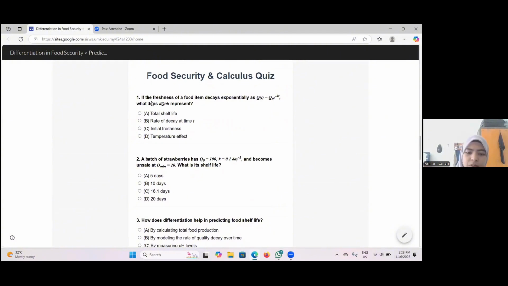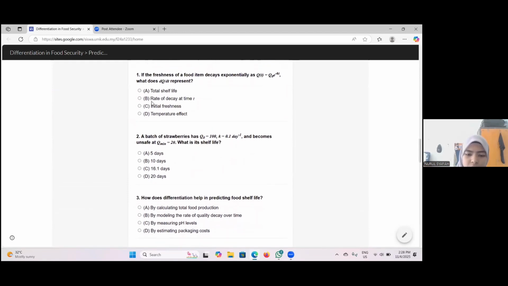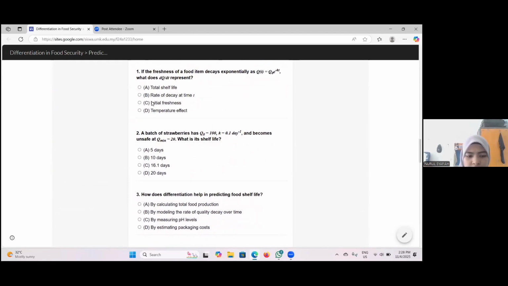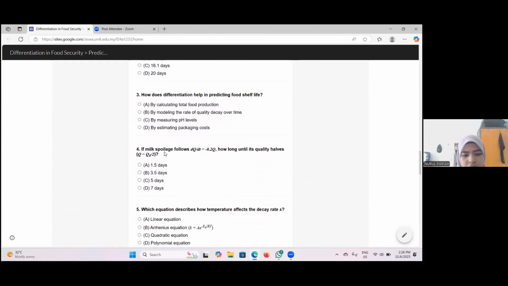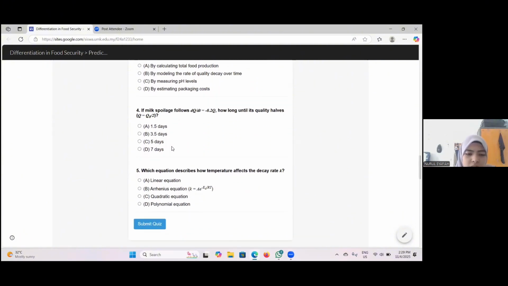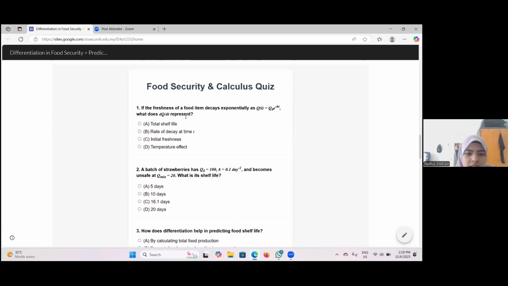This quiz has 5 multiple choice questions based on real life food situations, such as how fast strawberry and milk go bad and cannot be used. The questions also involve basic calculations, understanding the decay formula, and interpreting what dq over dt represents.